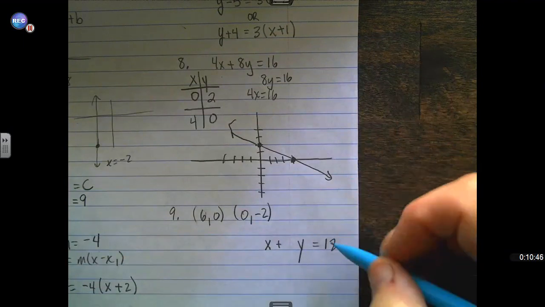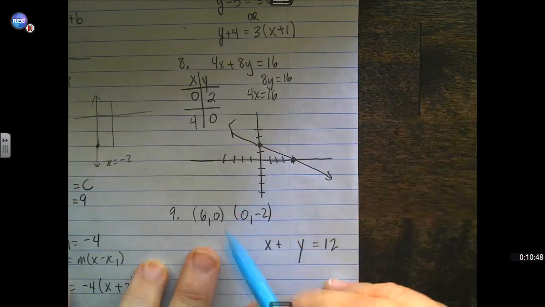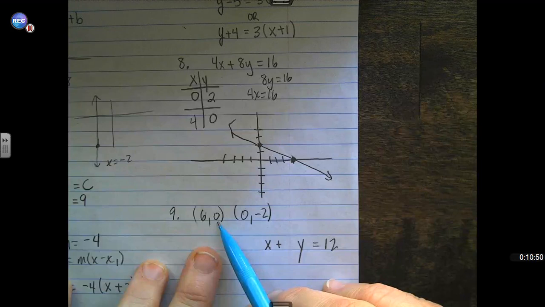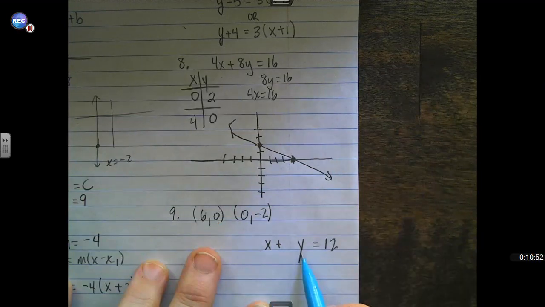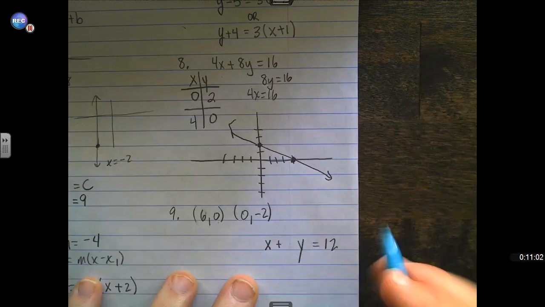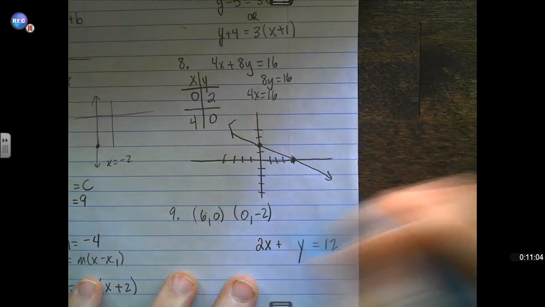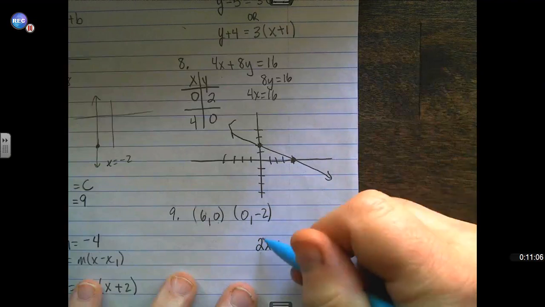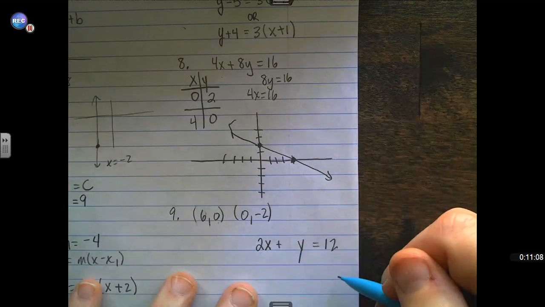And so now, when y is 0, what would the coefficient of x have to be so that when I take 12 divided by it, I get 6? The answer is 2. 12 divided by 2, x equals 6.